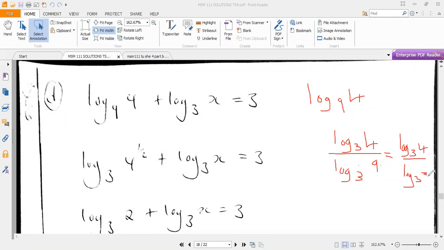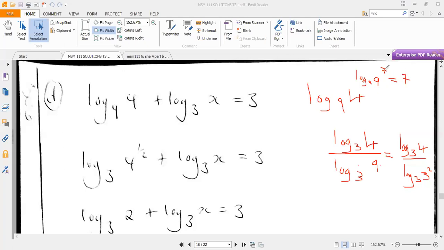We can say it's 3 to the power 2. So we have log base 3 of 3 to the power 2. Now, using that log principle, if you remember very well, it says that log base A of A to the power, let's say 7, is equal to 7.